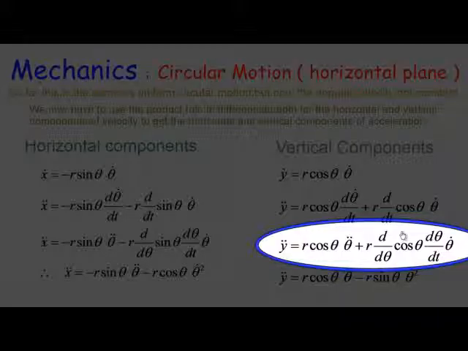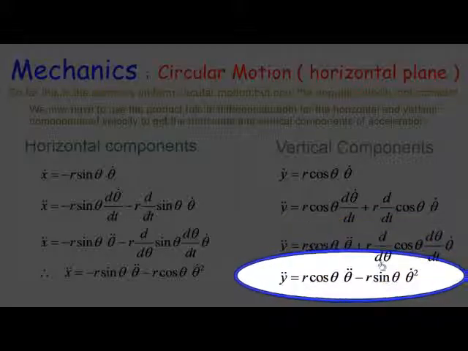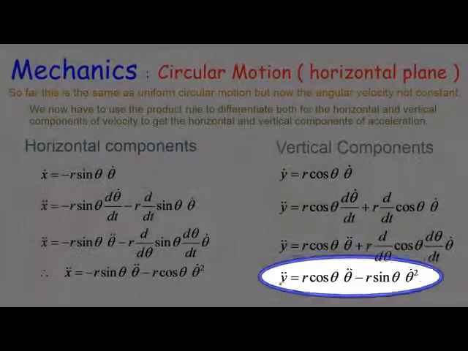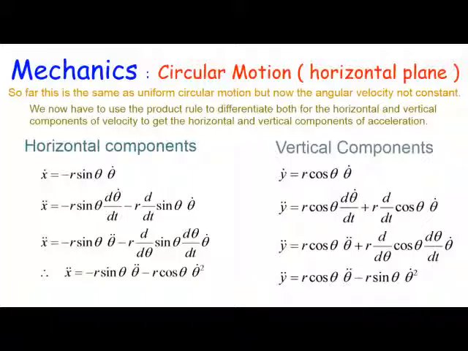That's going to give us the theta dot squared, and again that theta double dot would be 0 in the uniform circular motion case. Alright, so we now have the x double dot and the y double dot, which are basically the x and y components of the acceleration. Right, so we're well on the way.